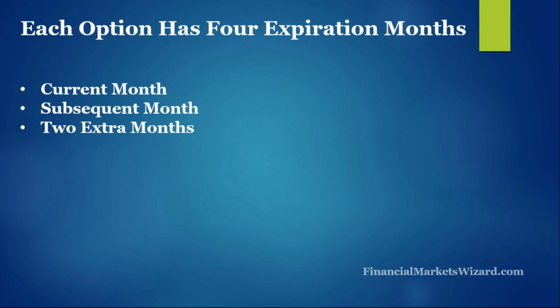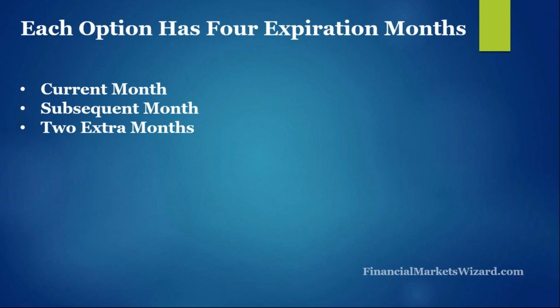Suppose we are in August right now. If you trade options, you will see the options are listed for the month of August, the month of September, and then there are 2 more months listed.